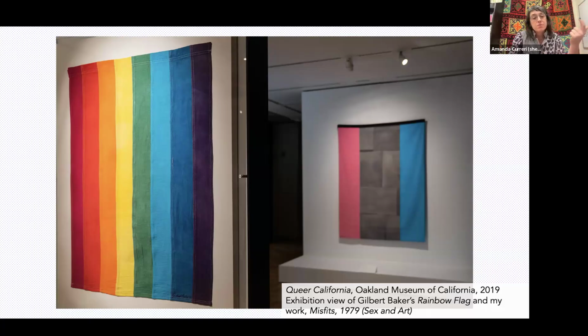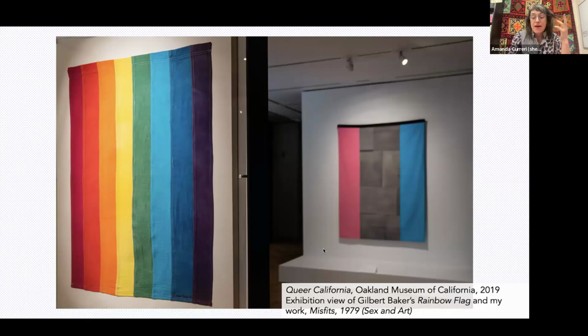And they had to drop the pink and the turquoise due to their fugitive nature as colors, as dyes in commercial printing and dyeing. So those colors signified sex and art.